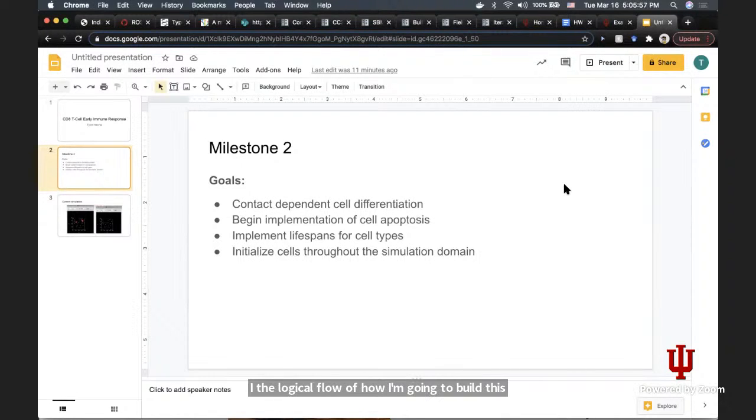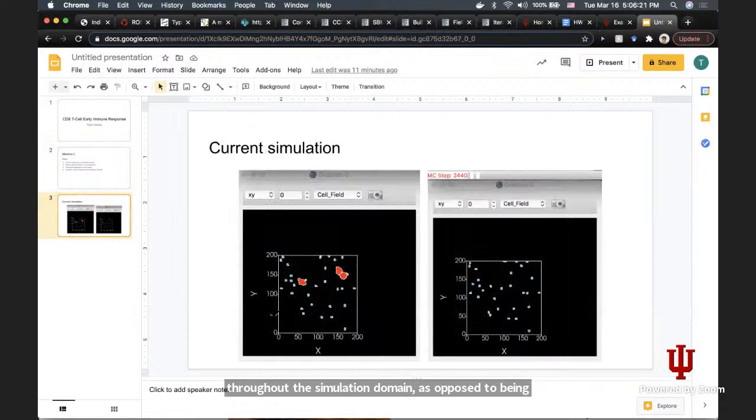But my goals for this week were to implement contact-dependent cell differentiation, begin implementation of cell apoptosis for certain cell types, as well as lifespans for cell types. And I wanted to initialize the cells to be spread out throughout the simulation domain, as opposed to being in one clustered blob.